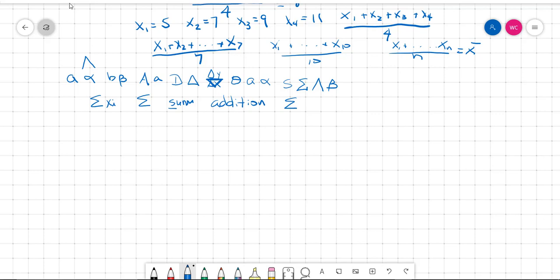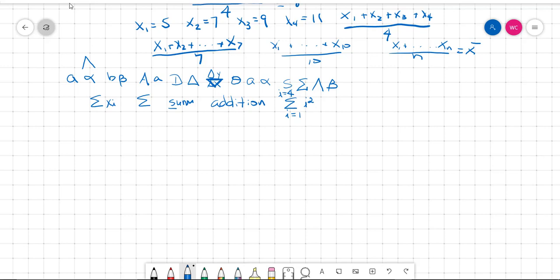Okay, so how do we actually use this? For example, suppose I wrote, sometimes you might see it like this. You might see i squared, and you might see i goes from 1 to 4. Sometimes we'll write the i up here, and sometimes we leave it out just because we're lazy. And we might just say i goes from 1 to 4.